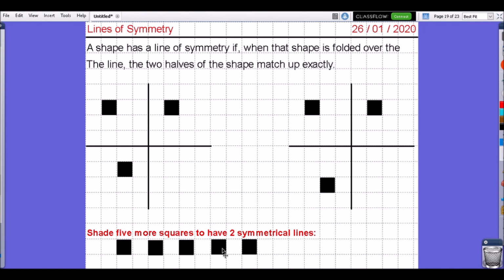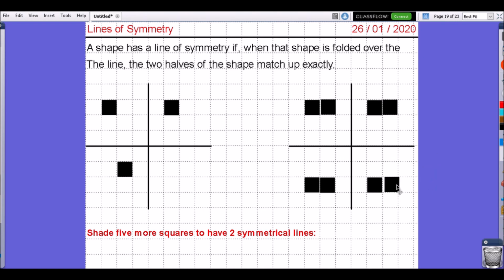All right, no problem. If I were you, I would just take the first square and shade this part here. And the second, I put it here. And then the third, I just take it and put it there. The fourth, I put it here. And the fifth, you put it here.